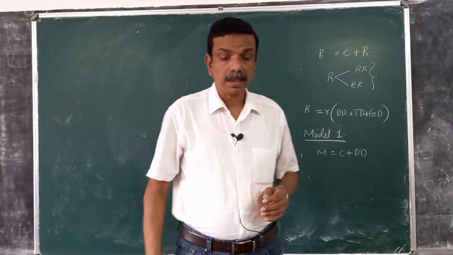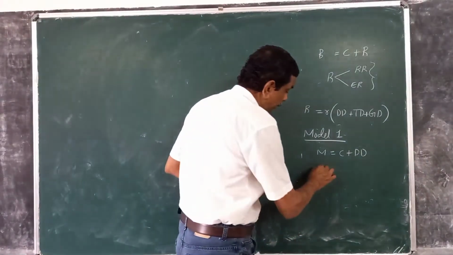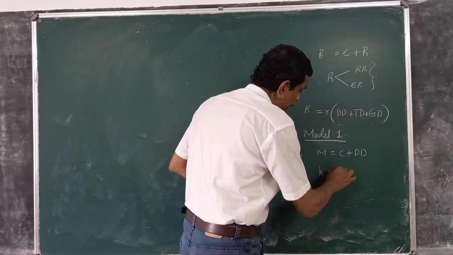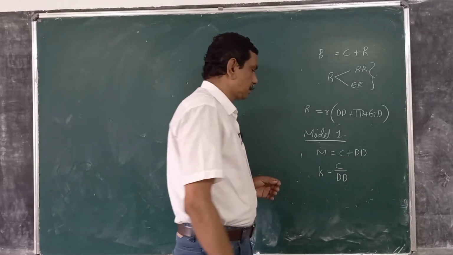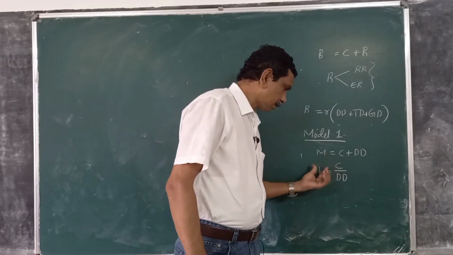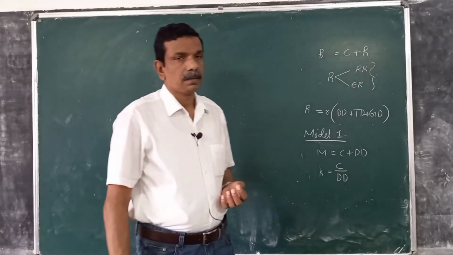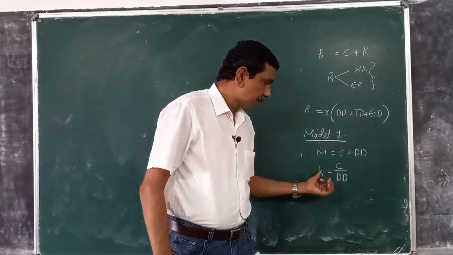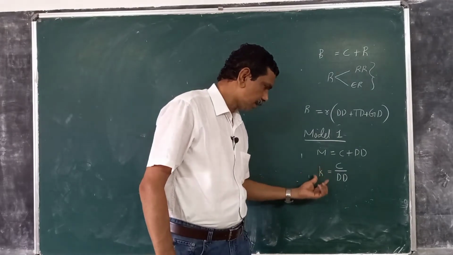And this can be expressed as a proportion K of demand deposits. I simply changed the notation; in the earlier example, it was small letter c. Now it is taken as K.